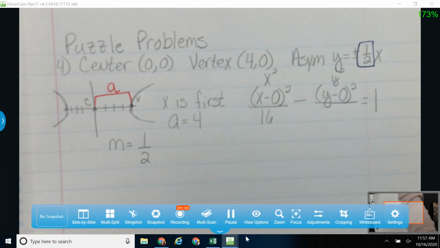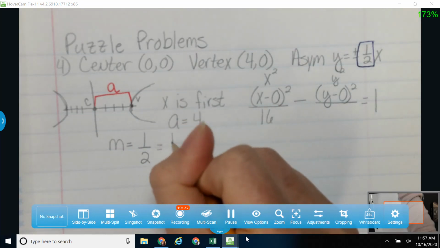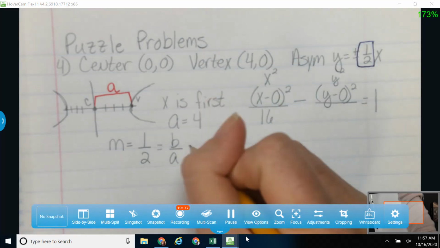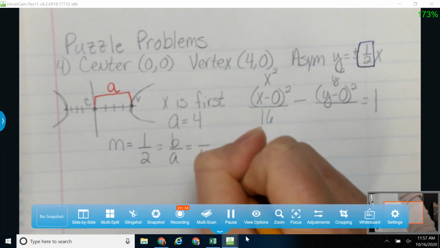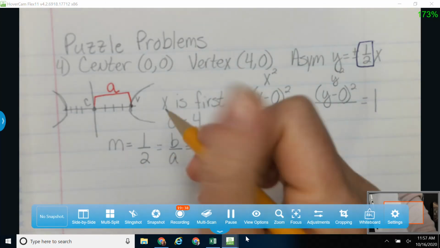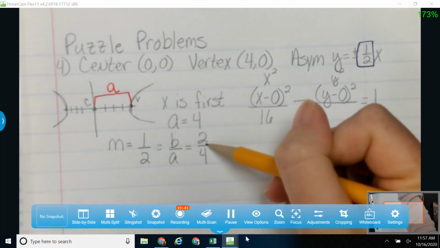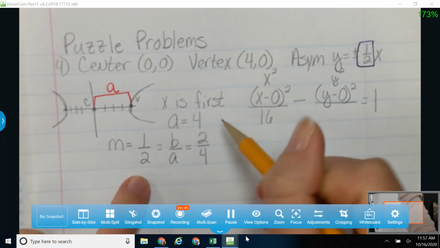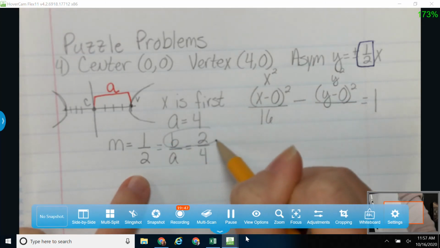Because x is first, I know my slope is b over a. If I know that a is 4, what do I know b is? 2, that's right, good, because 2 over 4 would reduce back down to this 1/2. So now I know that b is equal to 2.